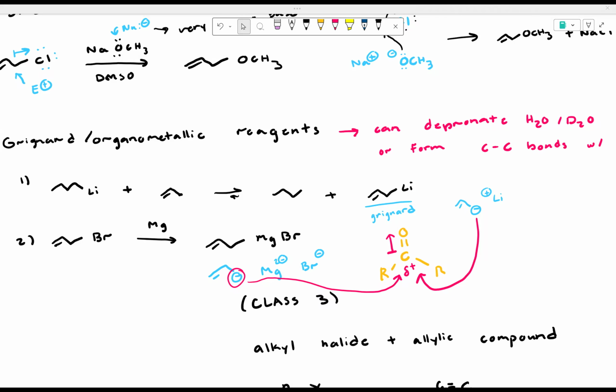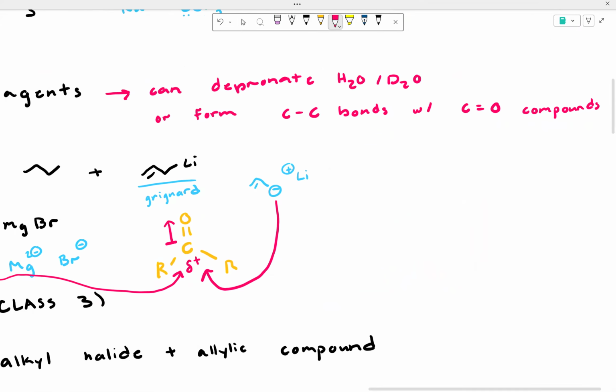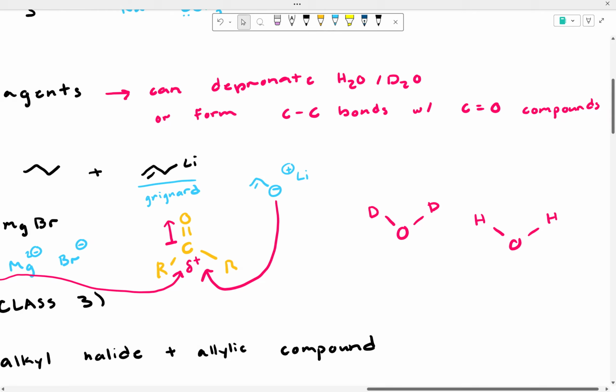Okay. And the same idea is happening with D2O and H2O. In this bond, we know that deuterium and hydrogen are less electronegative than the oxygen, so they have a slight positive charge.